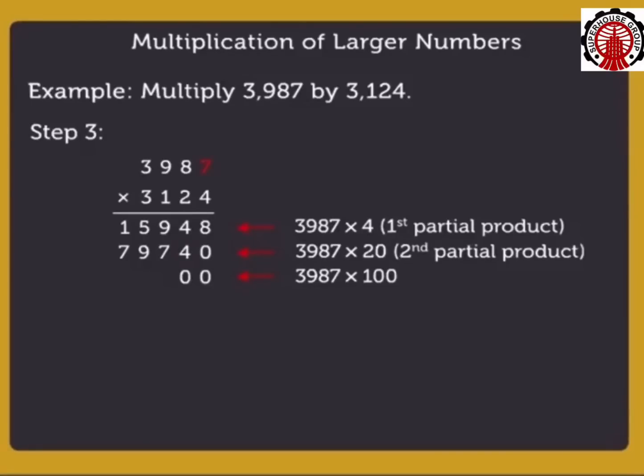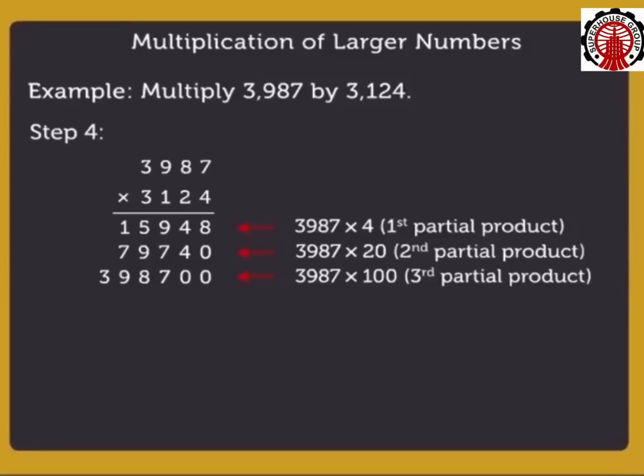Next, 7 into 1 is equal to 7. Now, 8 into 1 is equal to 8. Then, 9 into 1 is equal to 9. Then, 3 into 1 is equal to 3. So, we get 3,98,700 as the third partial product.